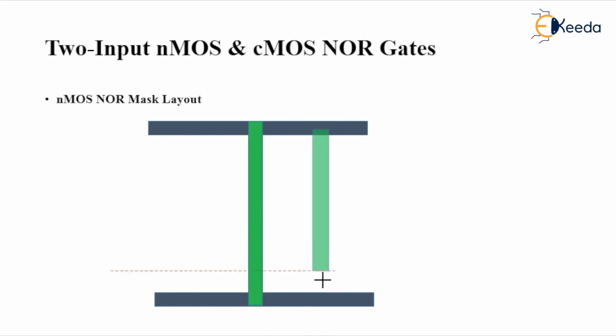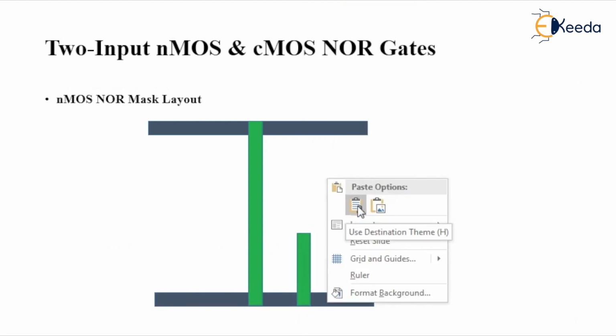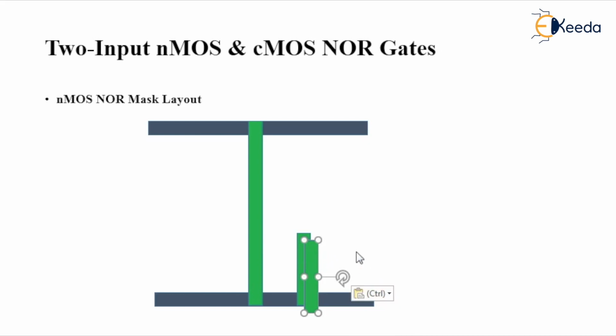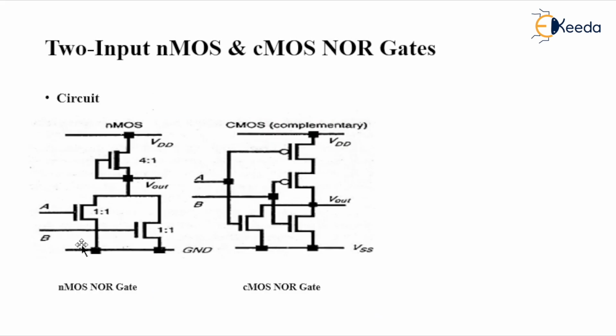Because I need to connect this in parallel combination. Right, with this, the ND diffusion is completed, and next, the A and B inputs should be there.